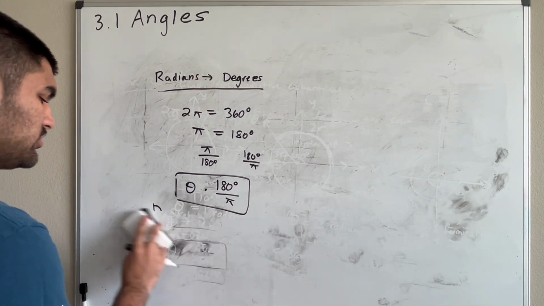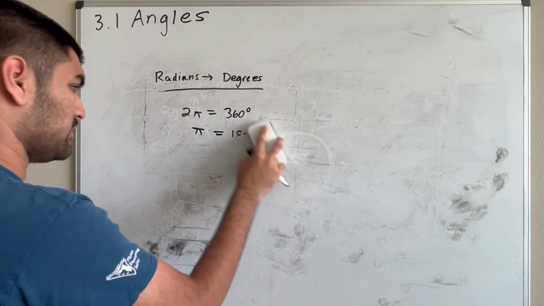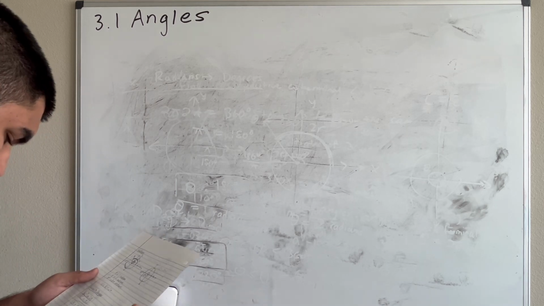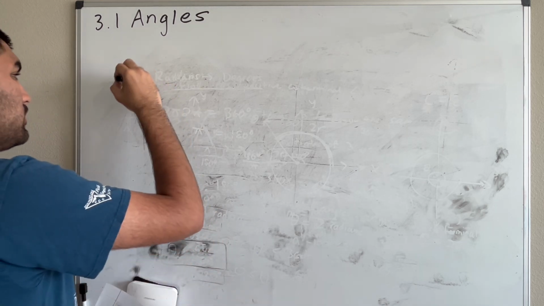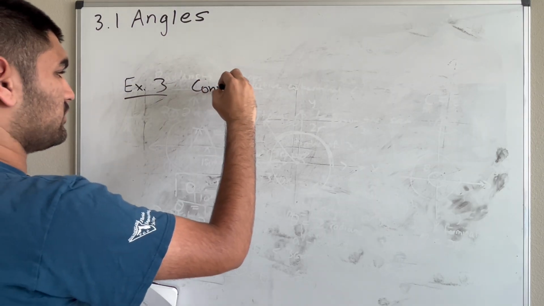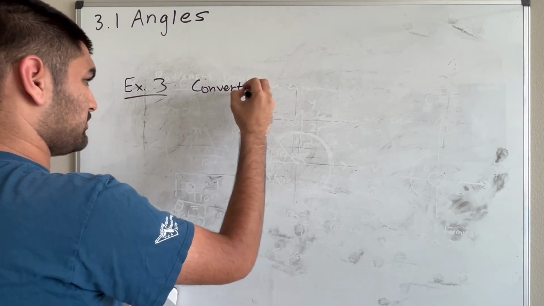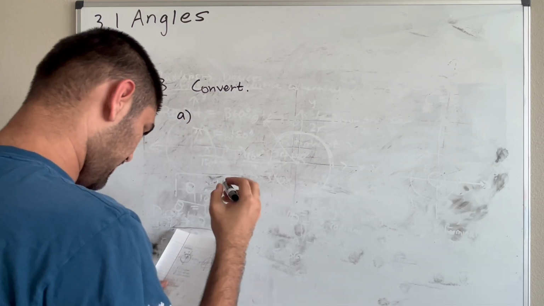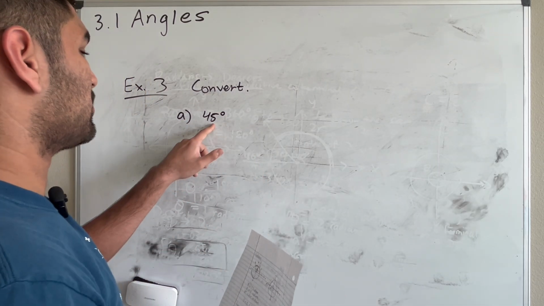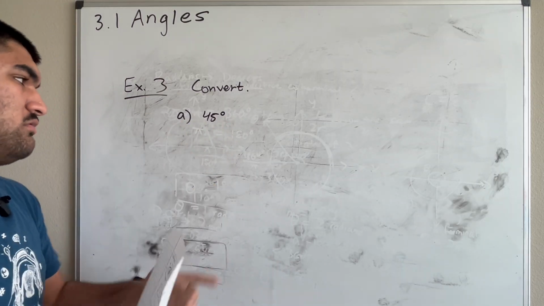So now let's do some practice examples. Let's convert the following degree measures. All right, part A, 45 degrees. So we're starting in degrees, so that means we want to go to radians.